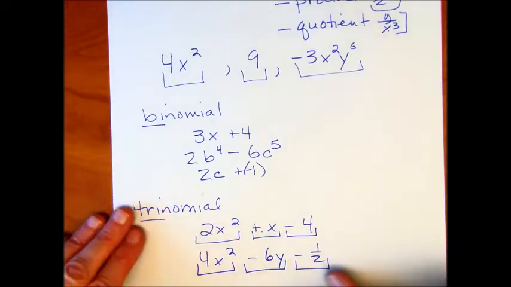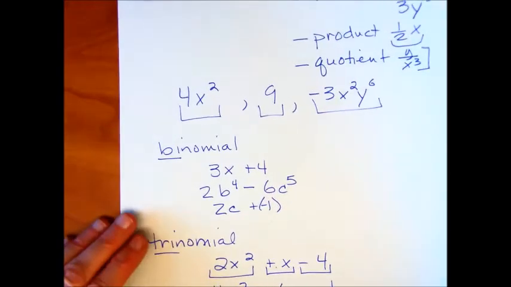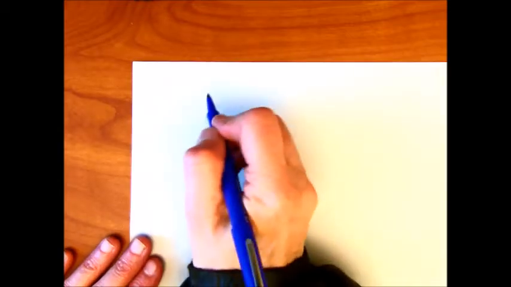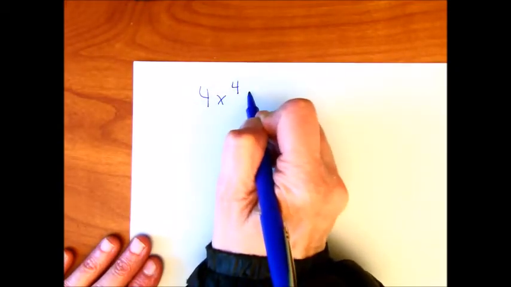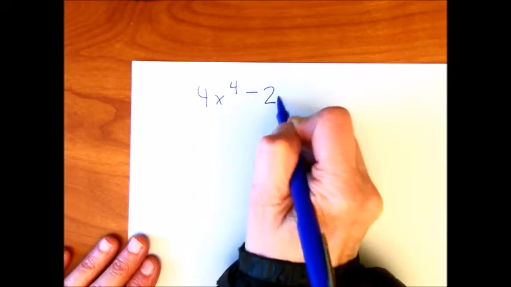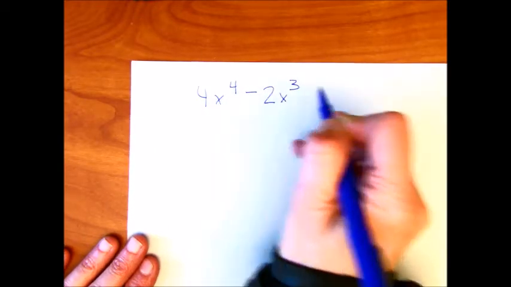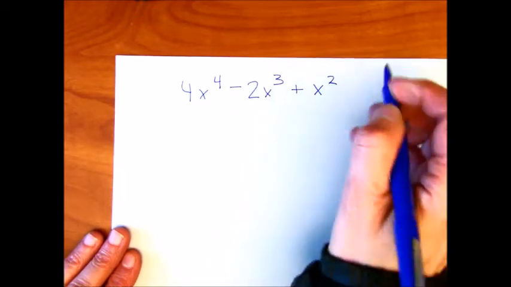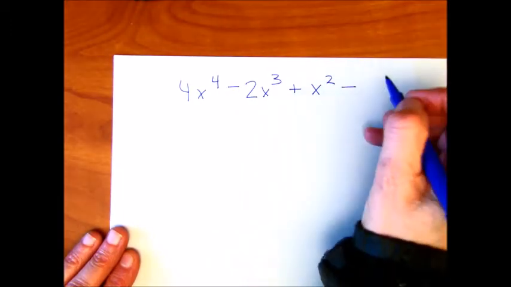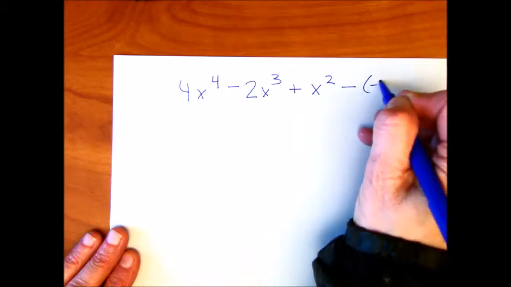Now, there are other polynomials that go beyond trinomials, but they don't really have a special name, and I don't think we'll be seeing too many of those, but you could have something like 4x to the 4th power minus 2x to the 3rd power plus x squared minus 2.